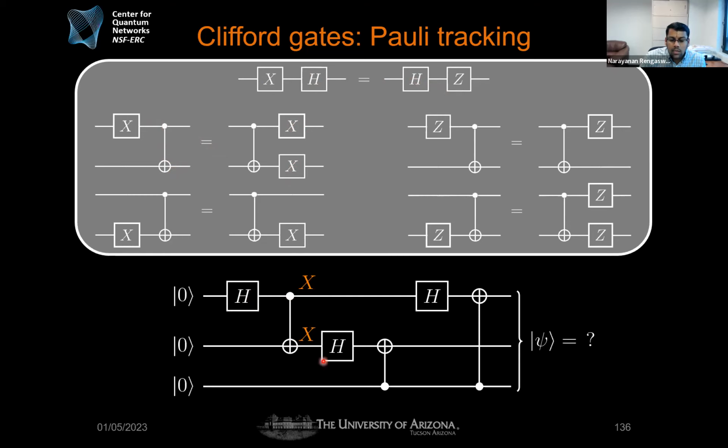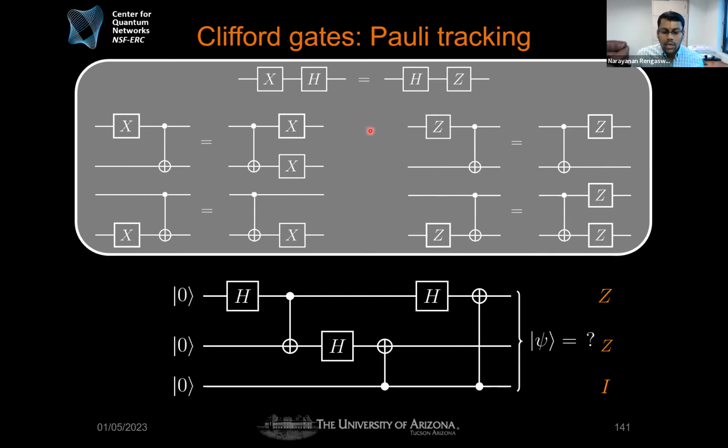And then the X on the first qubit through a Hadamard becomes Z. So you have XZ. And then Z on the target of a CNOT becomes ZZ. And then X again changes to Z. And then again, Z on the target of a CNOT becomes Z and Z. So you have Z twice, that cancels. And so the output stabilizer is ZZI. So this was super neat. You can just do this with pen and paper as long as you have this cheat sheet.